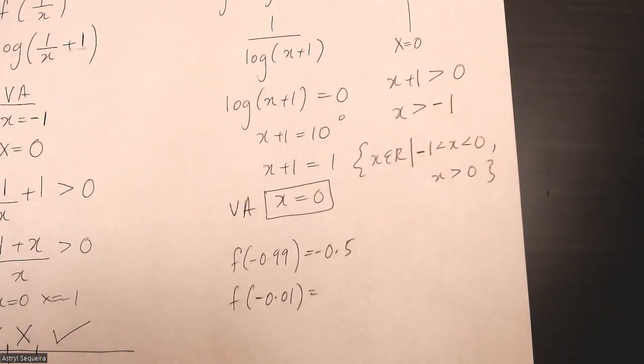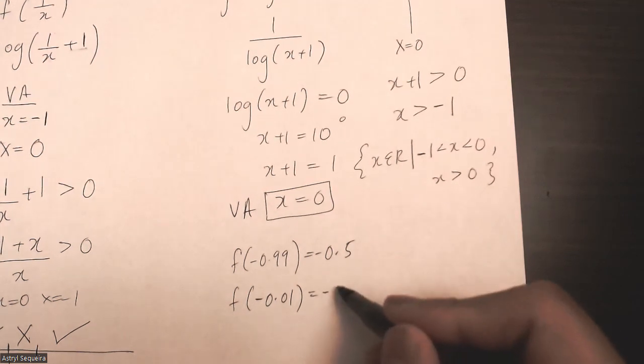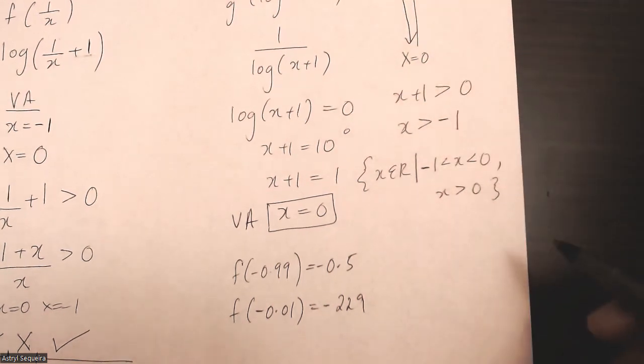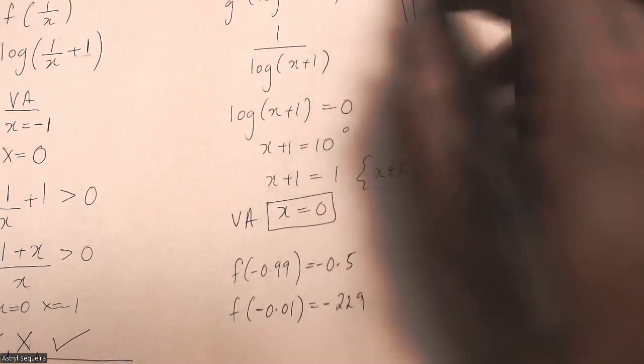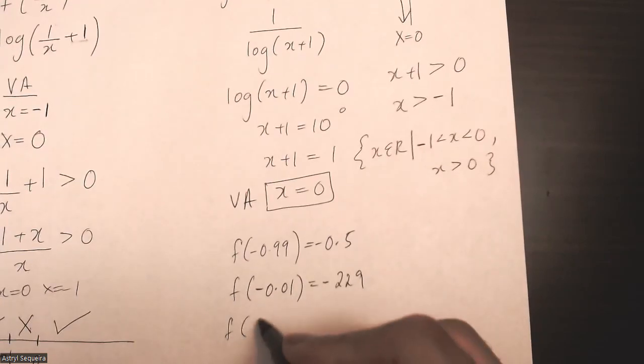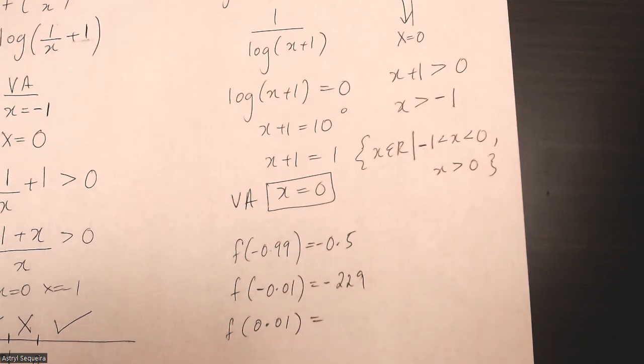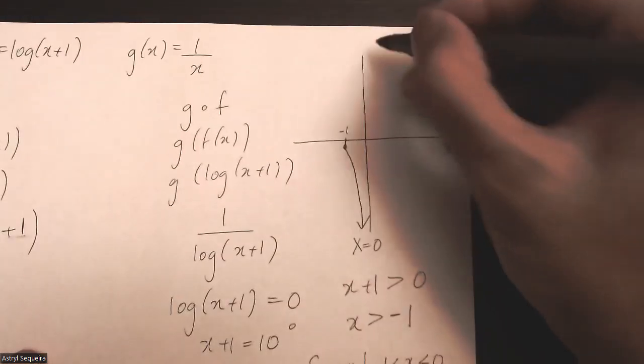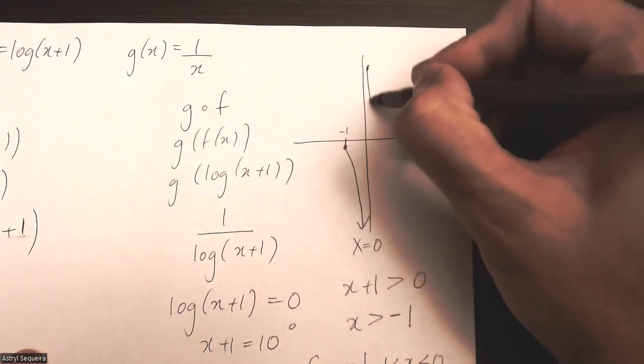If I sub in -0.01 in this equation, I get a huge negative number, -229, which means this is just going down towards the bottom like this at the asymptote. Then I want to do positive 0.01. If I put in positive 0.01, I will get positive 231, which means that this graph starts on the top here and it's going down.